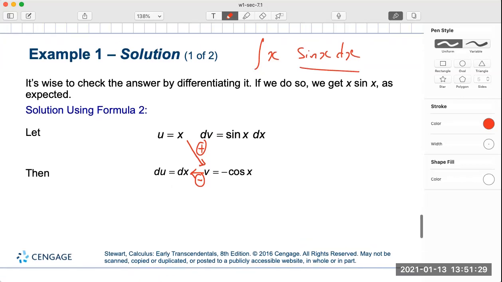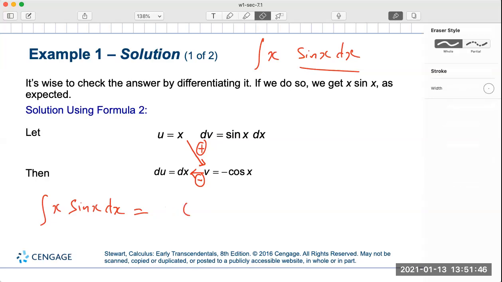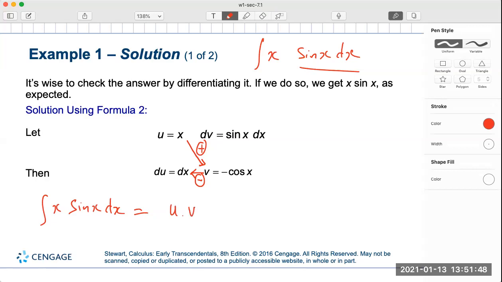Okay, therefore the integral of x sine x dx will be uv, which is x times negative cosine. Let me just write it this way. uv subtract the integral of v du, right?